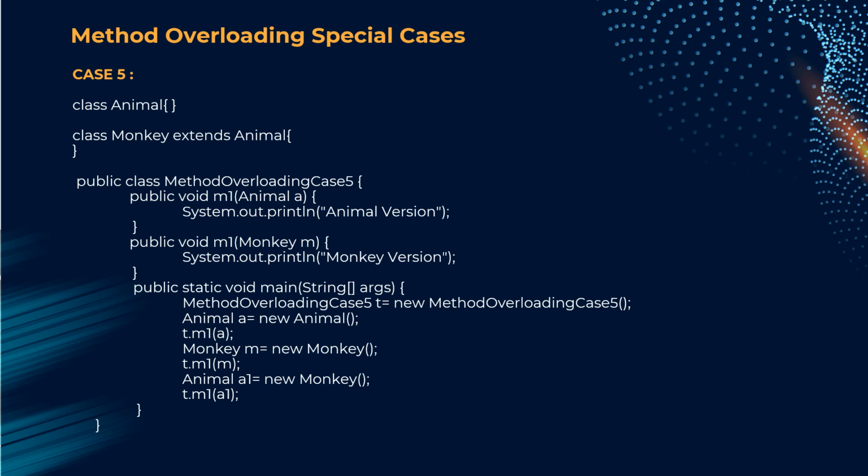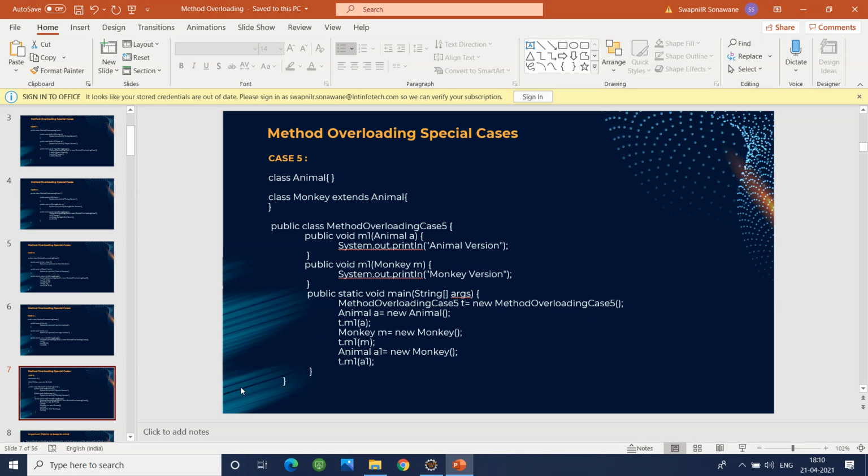As per the rule of method overloading, it will decide on the reference, not on the object. And the decision will be taken at compile time and not at runtime. So for the last one we will get the Animal version again.